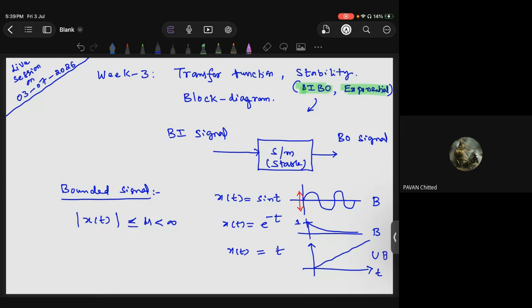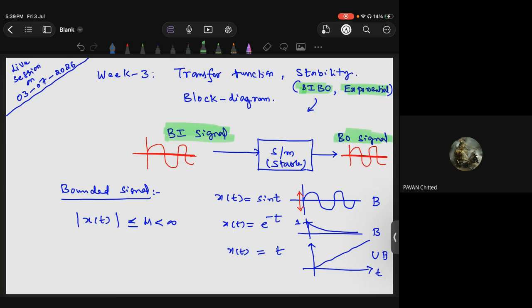Is it clear? Now BIBO stability says that if you give a bounded input signal, something like the sinusoidal signal, and you get a bounded output signal, then we can say that the system is BIBO stable. Is this clear? Any doubt in this?